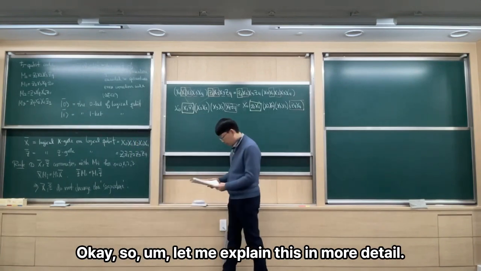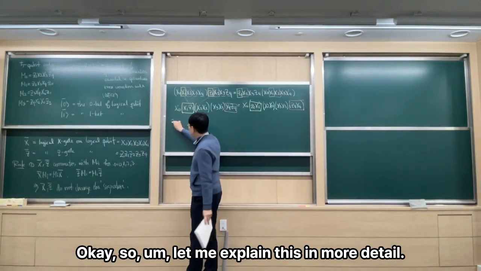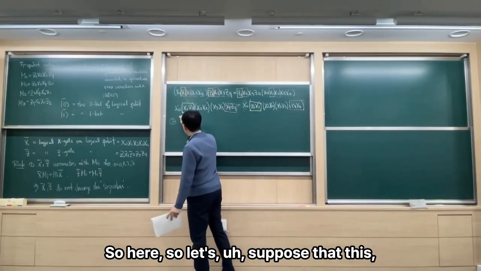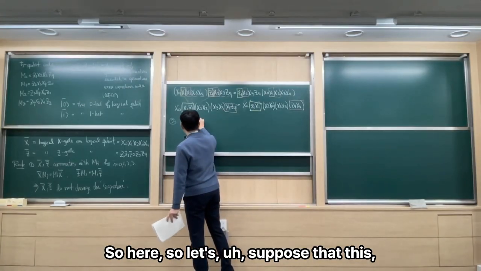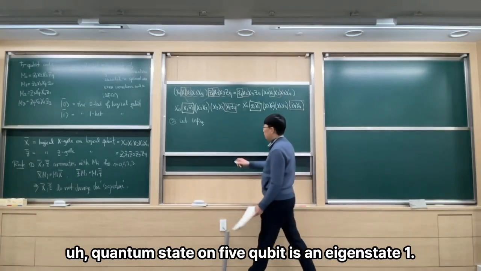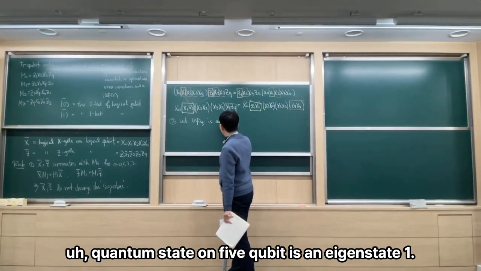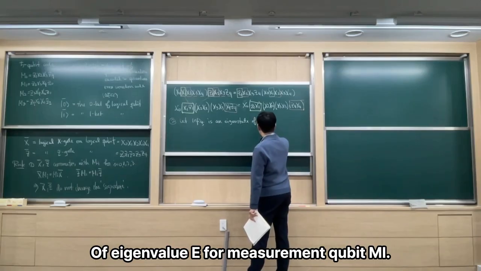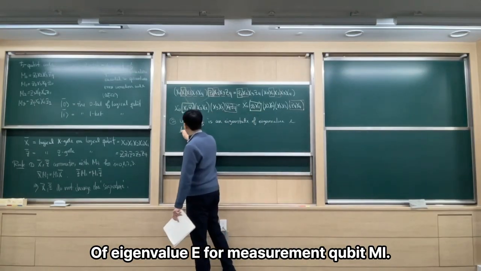Okay. So let me explain this in more detail. Let's suppose that this quantum state on 5 qubits is an eigenstate of eigenvalue E for measurement qubit Mi.